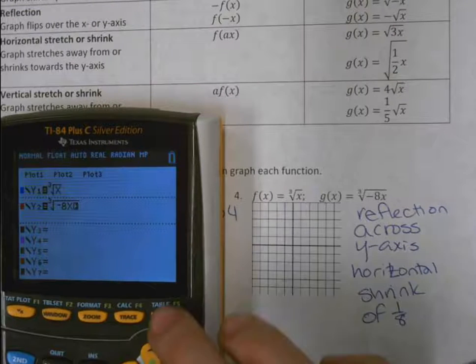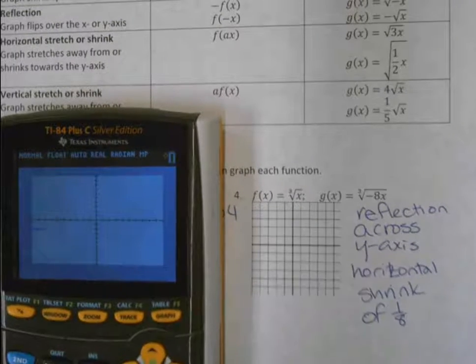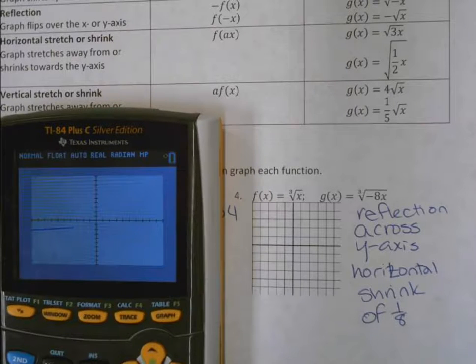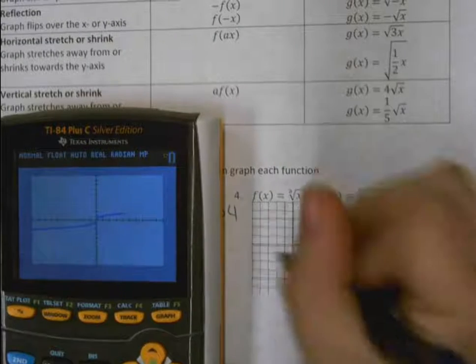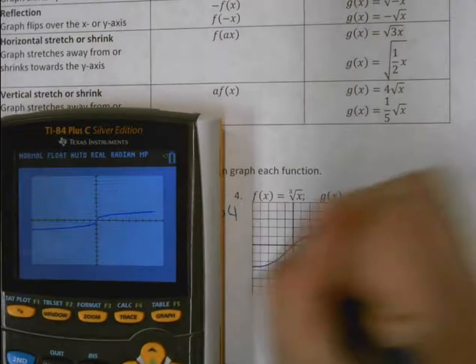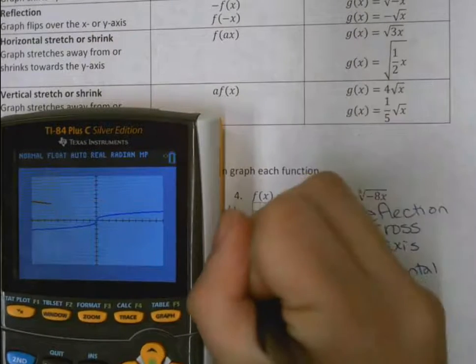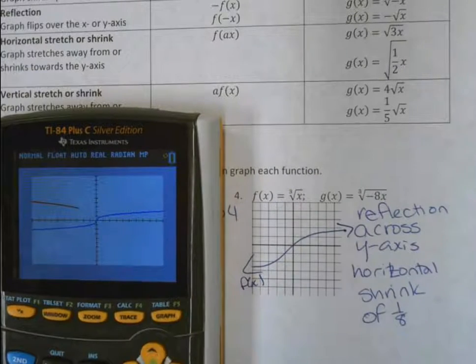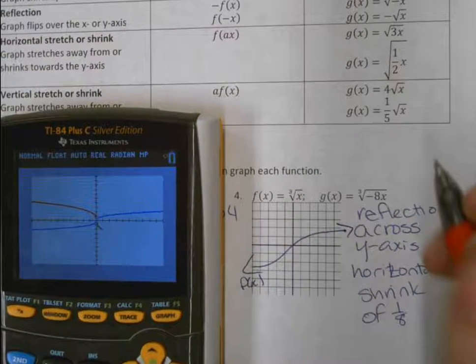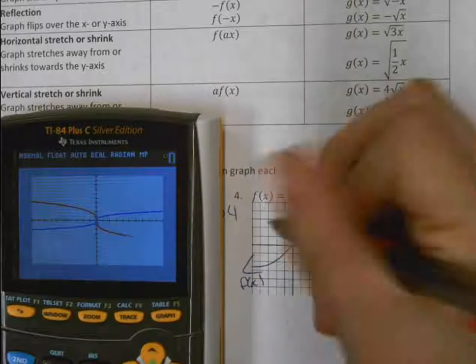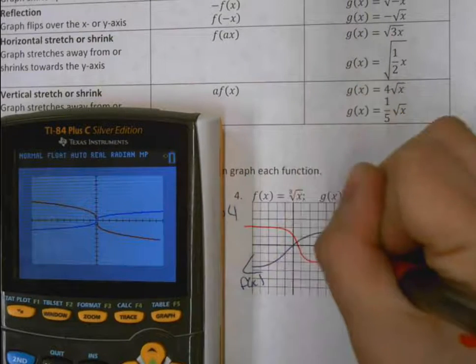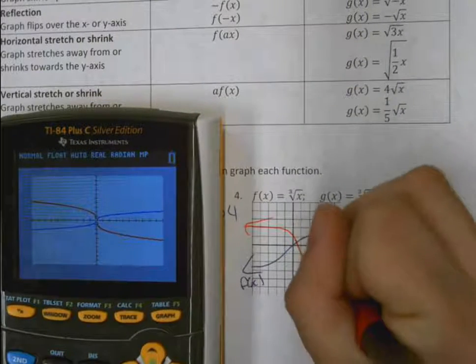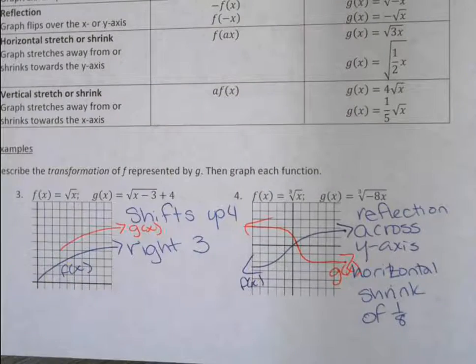Okay, so then I want to go and graph it. The blue one's going to be my f of x, the red one's going to be my g of x. Questions on number 4?